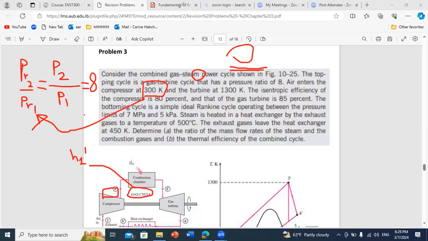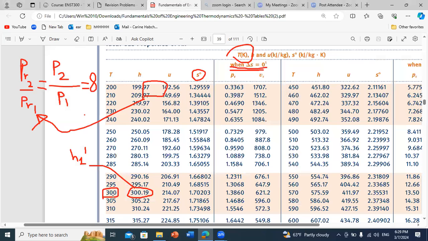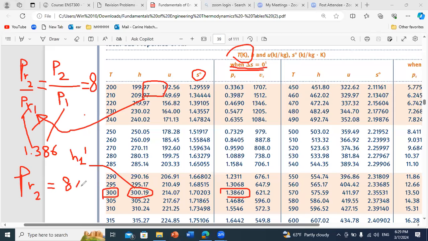So if I go back to my tables, I know the temperature, I read for this temperature what the value of PR1 is. It's 1.386. So I replace PR1 by 1.386. And then I say that if PR1 has this value, PR2 is equal to 8 times 1.386.